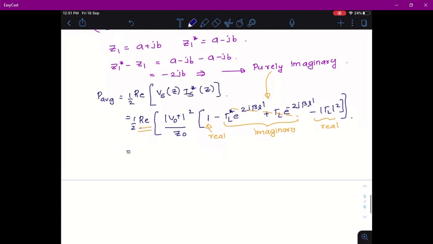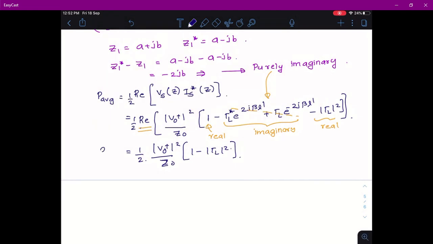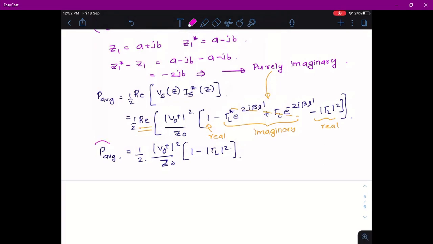So, the average power is 1 by 2 magnitude of V0 plus square by Z0 multiplied by 1 minus mod tau L square. So, that gives you the average power at any distance L from the load.